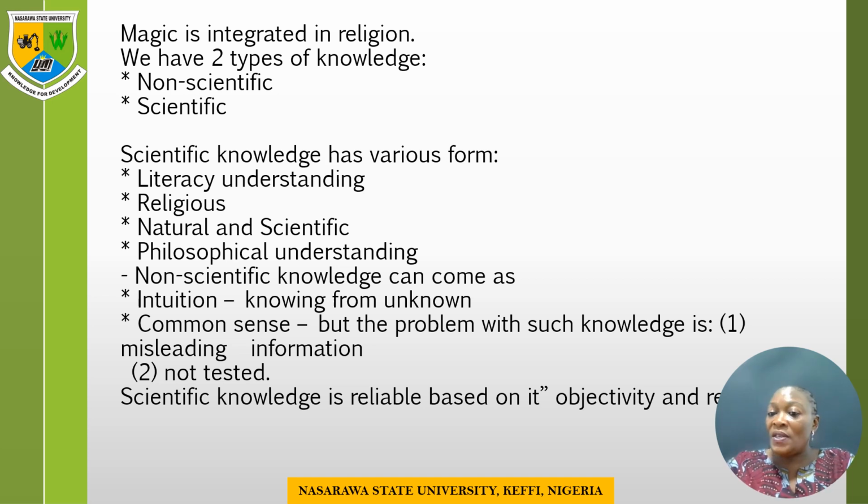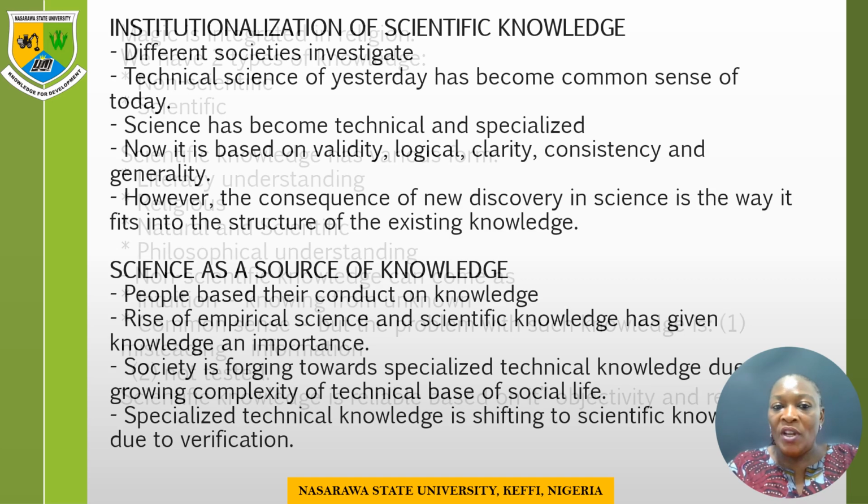But the problem with knowledge that is based on non-scientific grounds is the fact that it is misleading and not testable. But scientific knowledge, which is what we have today, is based on the testability of knowledge.